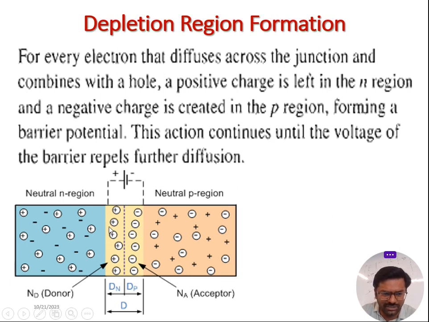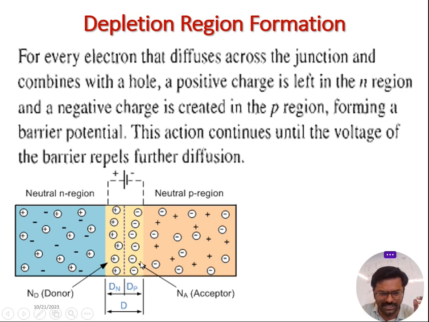Whenever an electron diffuses from the N type material to the P type material, it leaves behind one positive ion in the N type material. In the similar way, we get a layer of positive ions towards the N type material and a layer of negative ions towards the P type material.